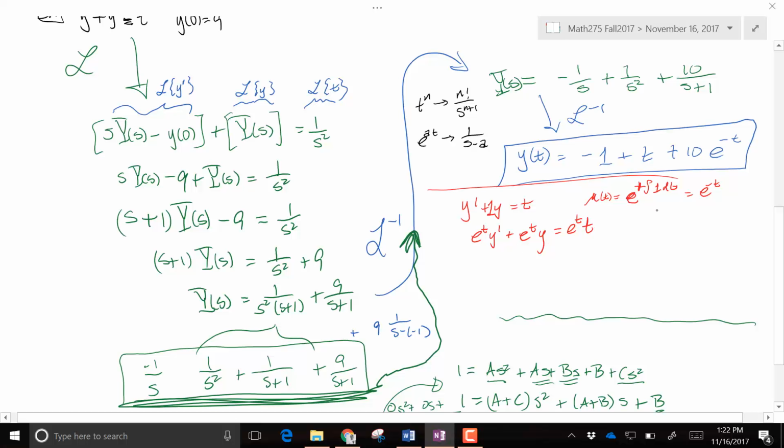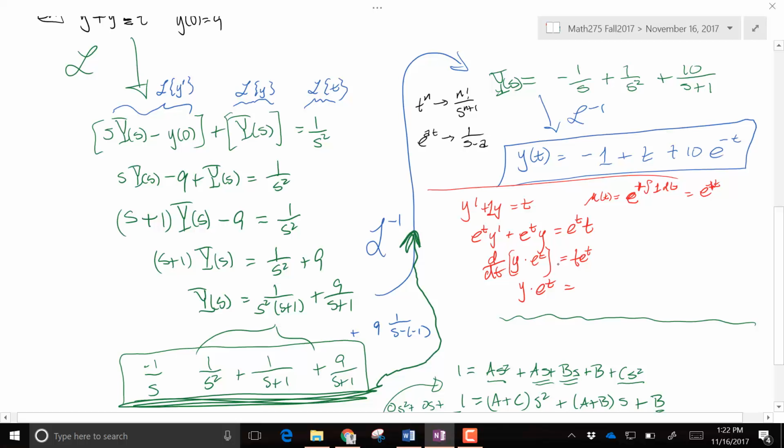So the whole idea behind an integrating factor is to treat it like it was a product rule. So this is y times e to the t is equal to, or d dt of that. So we integrate, you get y times e to the t, and then we integrate the right-hand side. Sorry, this is just a t.